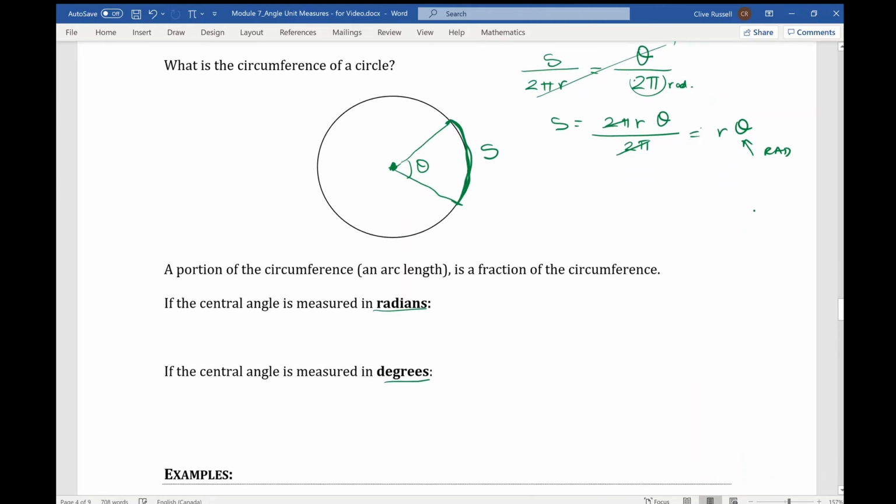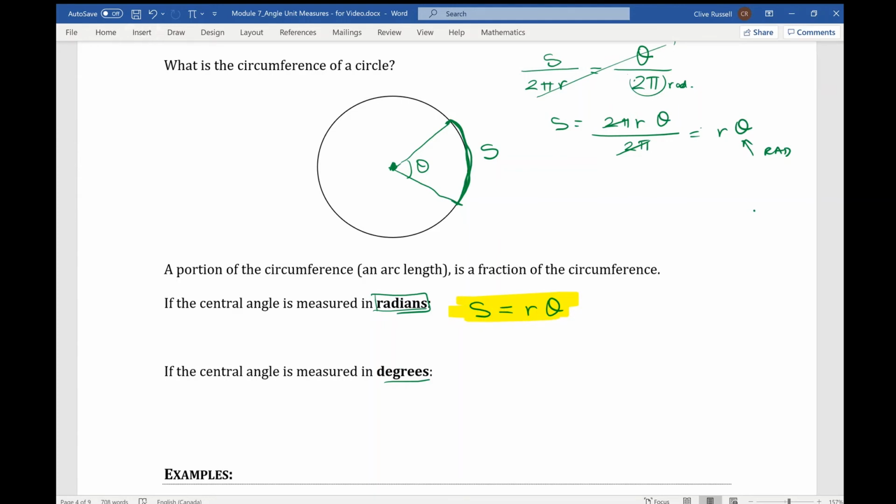So therefore, if the central angle is in radians, then the arc length S is just equal to r times theta. So that's one formula there.